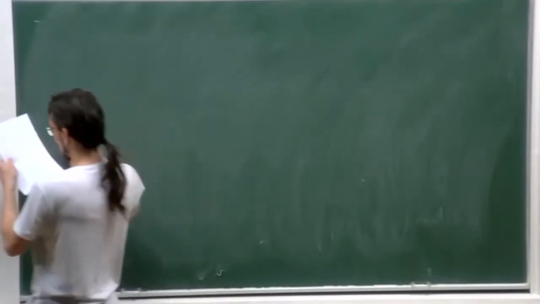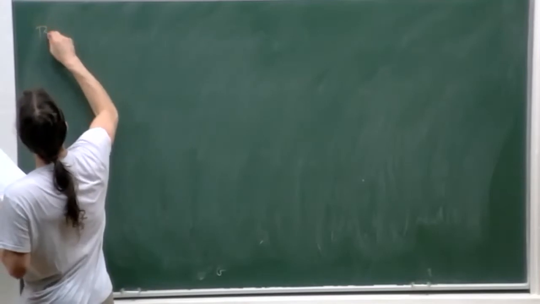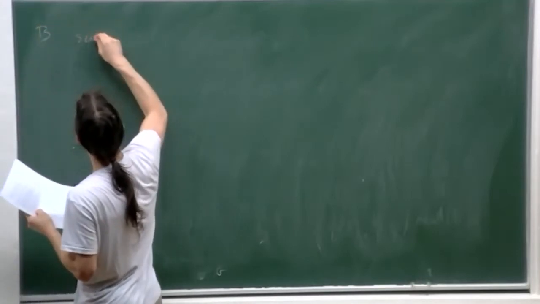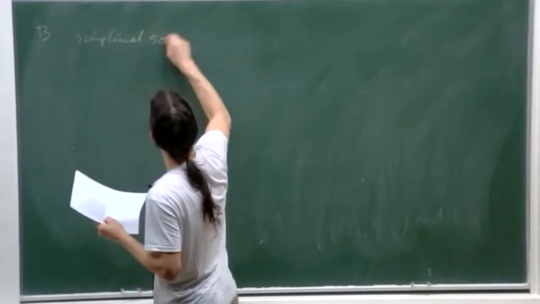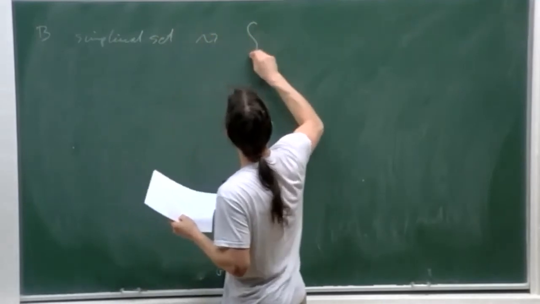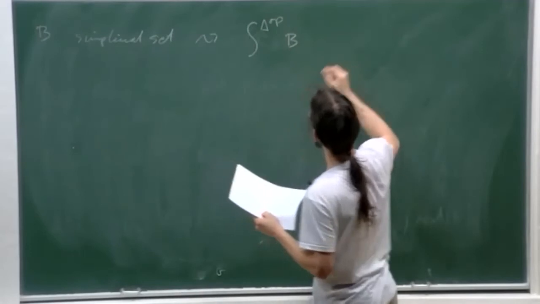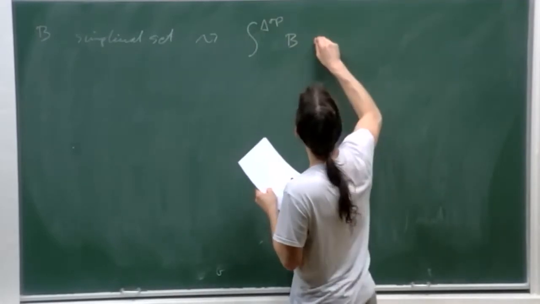So B is a simplicial set, so it's a presheaf, so you can take its co-end, which is going to be a fibered category over delta.